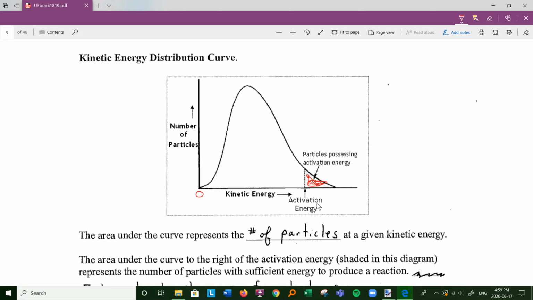An effective collision is going to create a product. If they don't have enough energy, if you're trying to do a fender bender and you just touch the back bumper of the other car without making any dent, then you don't have enough energy and you will not form an effective collision. It will not be an effective collision.